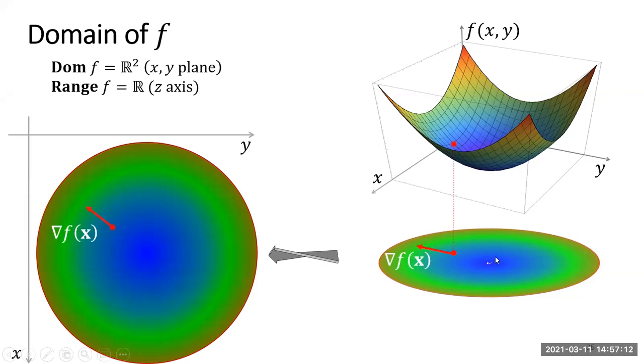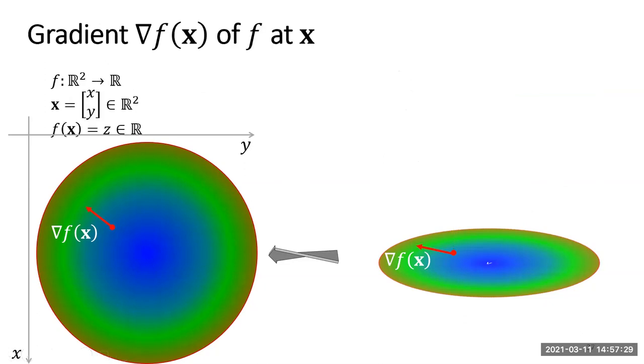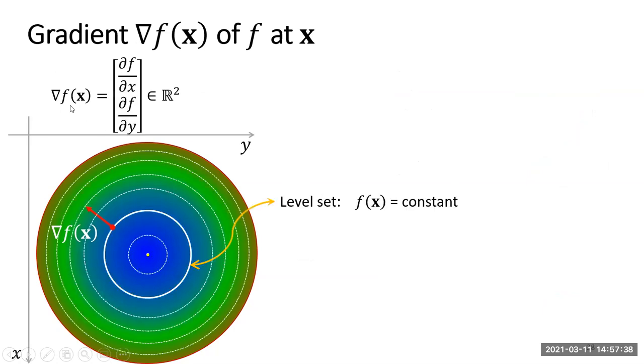Now, del f of x is a vector in this xy plane in this direction. This is the del f of x, the derivative of f of x. It's defined as partial f over partial x, partial f over partial y.